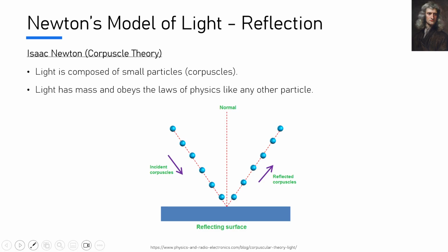It was also really good at explaining reflection: light is composed of small particles, corpuscles, that have mass and obey the laws of physics like any other particle. Therefore, when corpuscles move into a surface, they reflect directly off and obey the law of reflection. And he used quite a simple classical physics explanation to show what was going on here: at all times, the particles had the same horizontal component of velocity, and there was a vertical component as well.